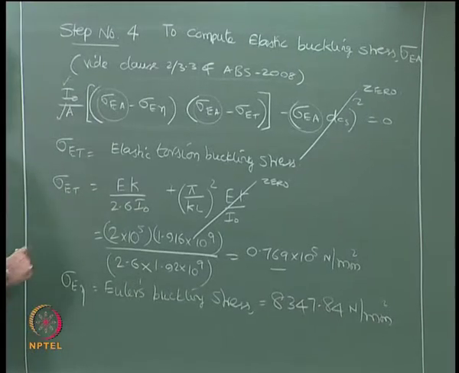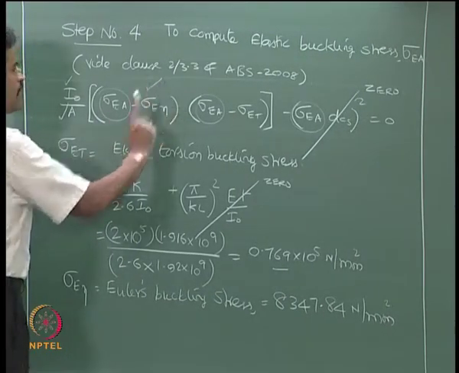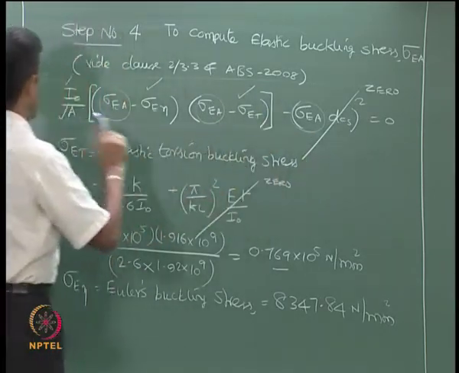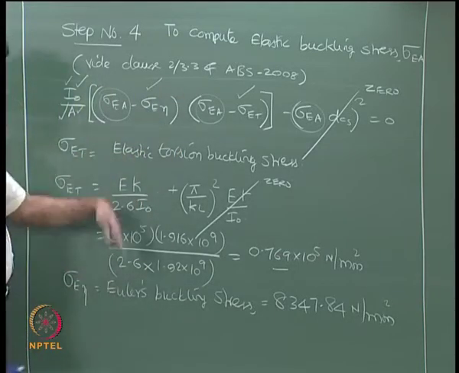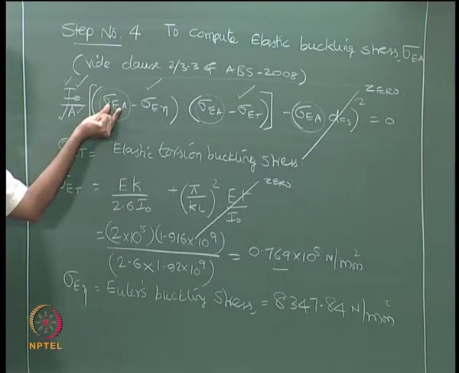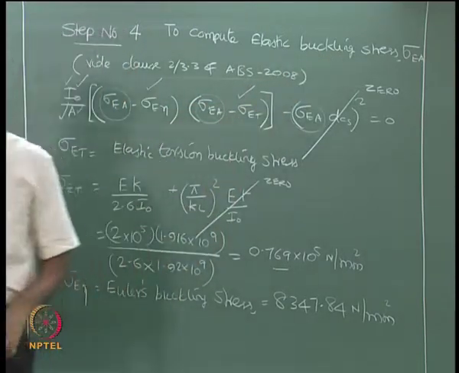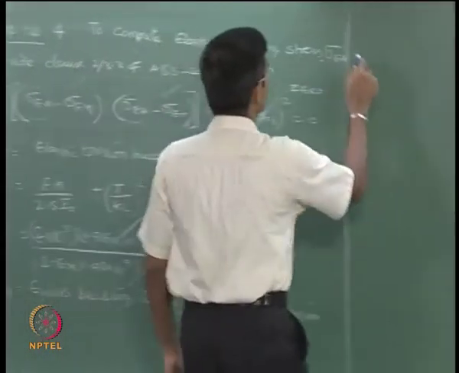So in the equation of elastic torsional buckling stress, I know eta, I know E_t, this term goes away, I know I naught and I know A. So, I will solve this quadratic substituting these values and try to get sigma Ea, which is the elastic buckling stress.